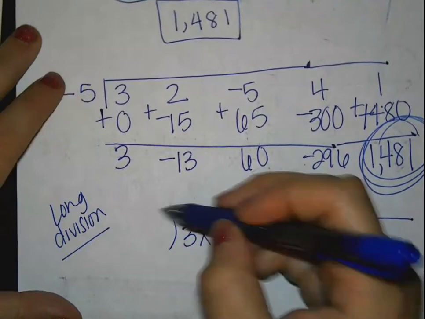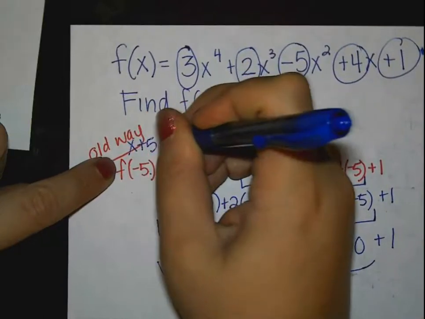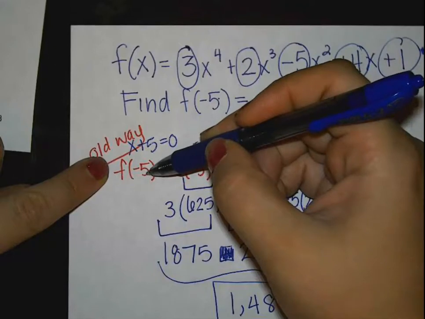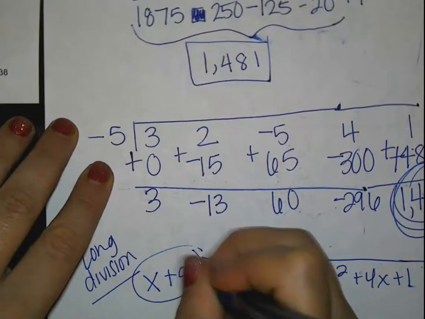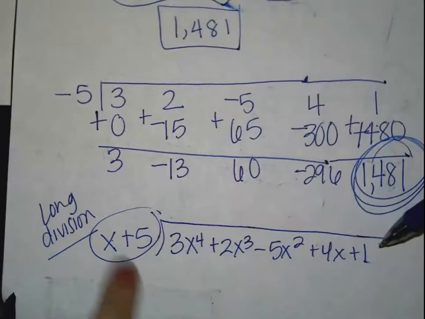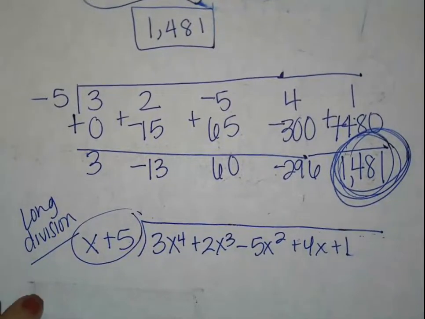And then out here, if it's a negative 5, it had to be x plus 5. So that way when we set it equal to 0, that's how we would get the negative 5, by subtracting 5. So then there would be an x plus 5 out here. And then you would just do long division and get the remainder, which would be this number here.